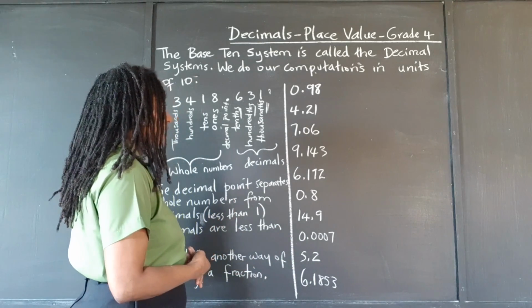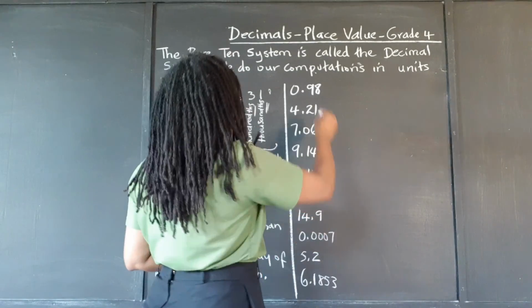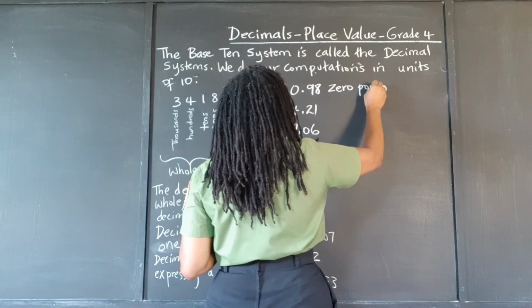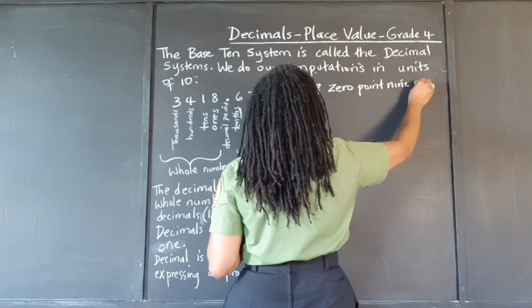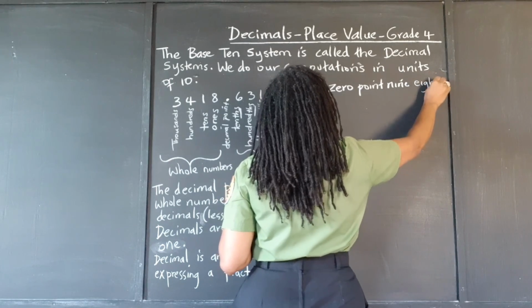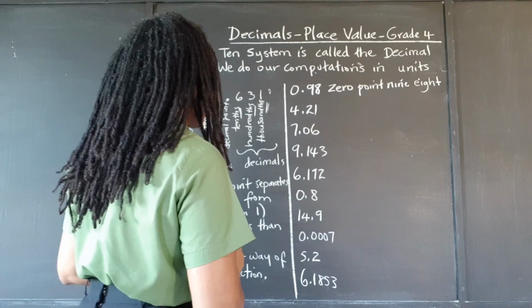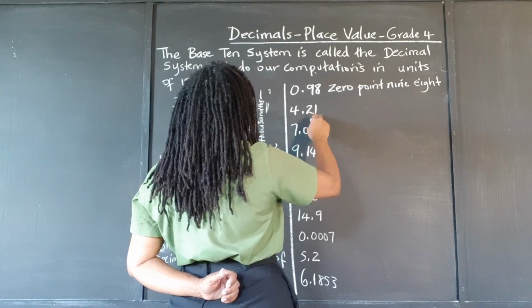Would we say point ninety-eight? No, so we would say zero point nine eight. Next, 4.21.